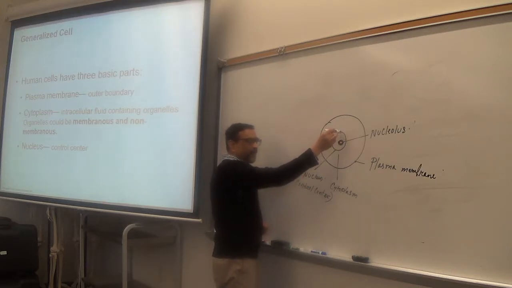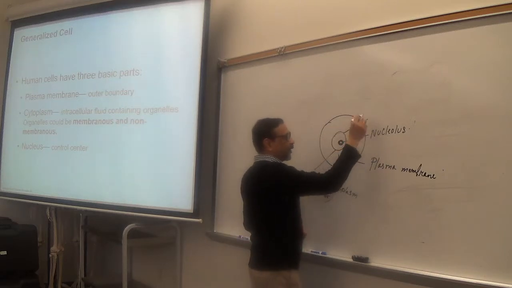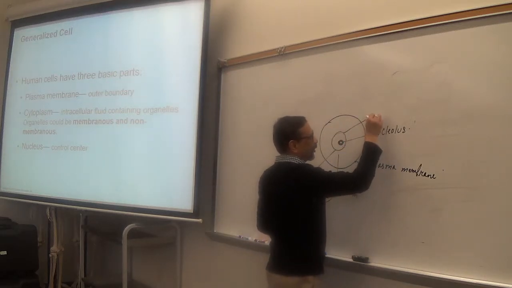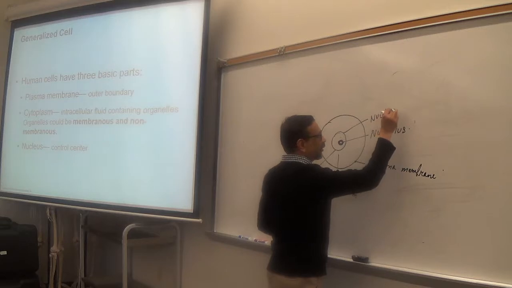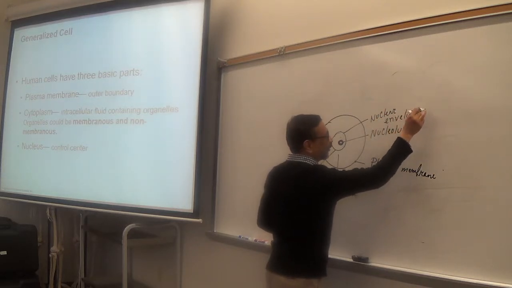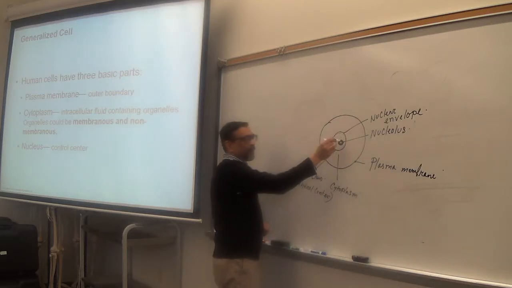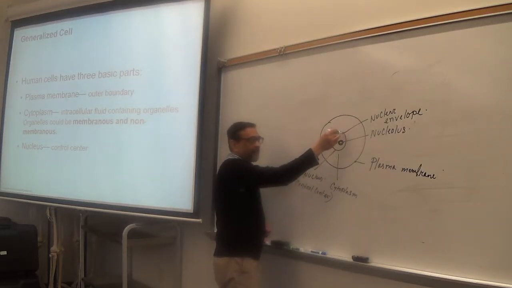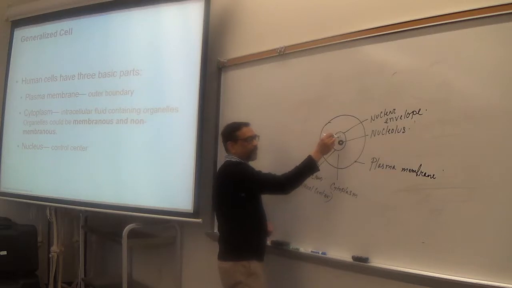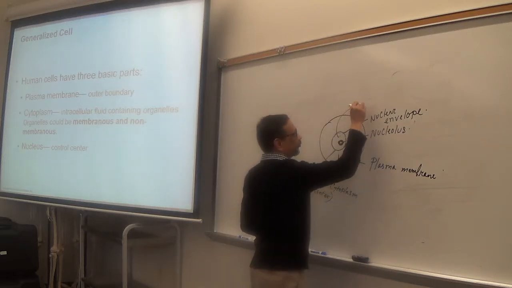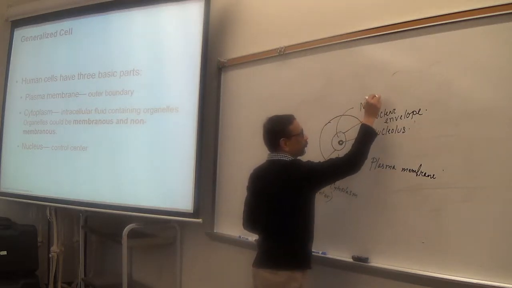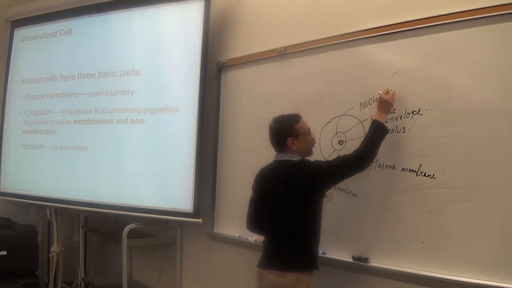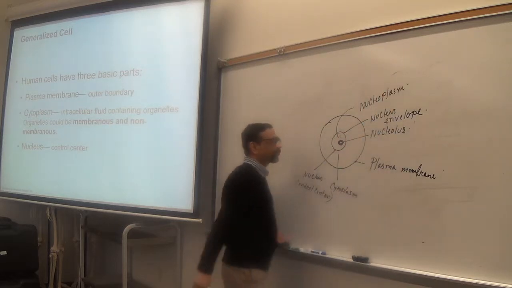Now, this is the nucleus, and the nucleolus is in the center, inside the nucleus, the dense area. This is called nuclear envelope, the covering or membrane. Nuclear envelope. Okay? And in between the nucleolus and nuclear envelope, this part is called nucleoplasm. Okay?